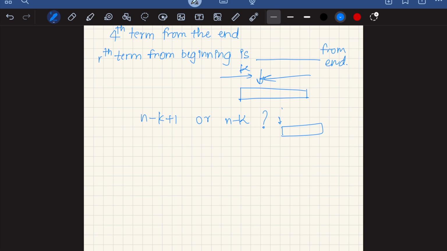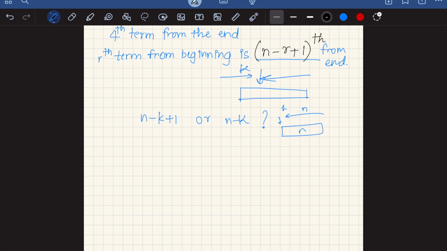So your answer is n minus k plus 1 term from the end. So what we will do is we will put this into the formula that we had here.